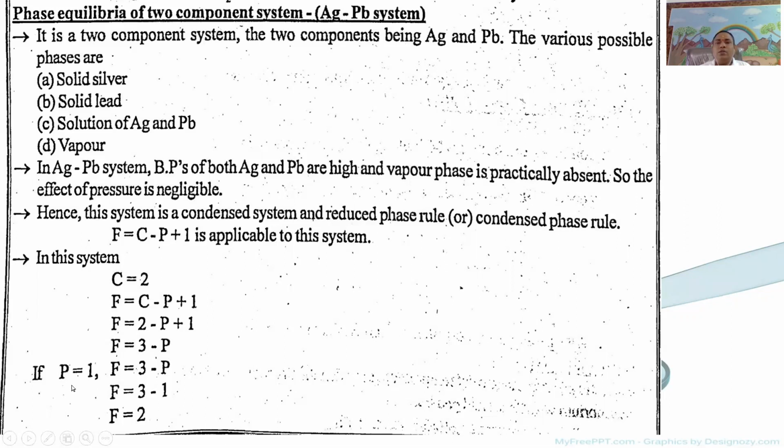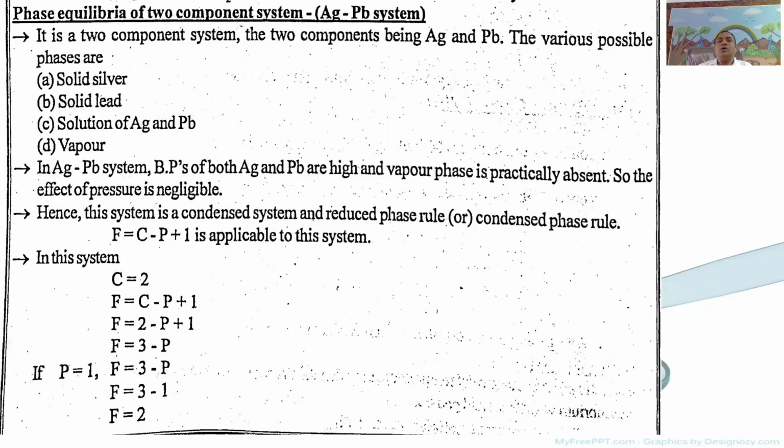If the number of degrees of freedom is required to explain any one phase of the silver lead system, where P is 1, F equals 3 minus 1, then F equals 2. F equals 2 means temperature and concentration.